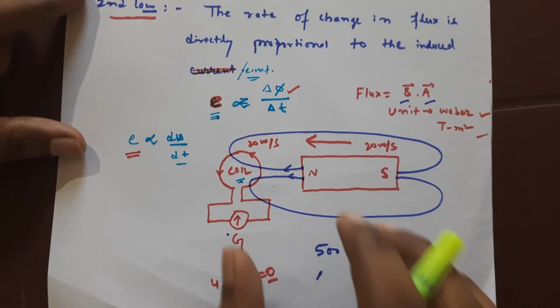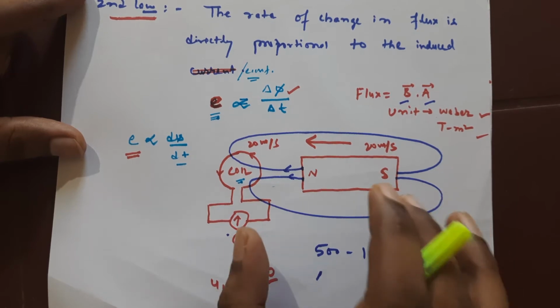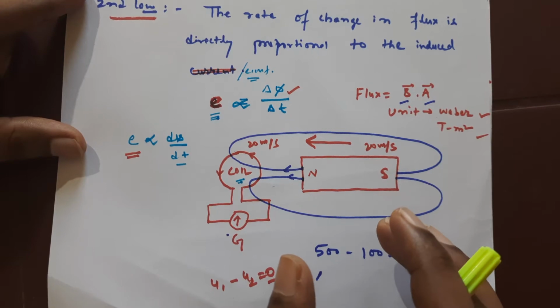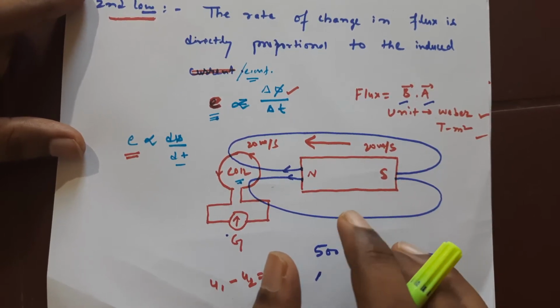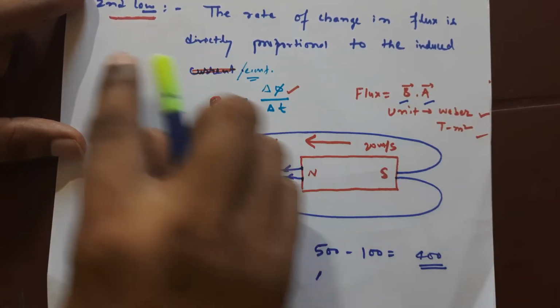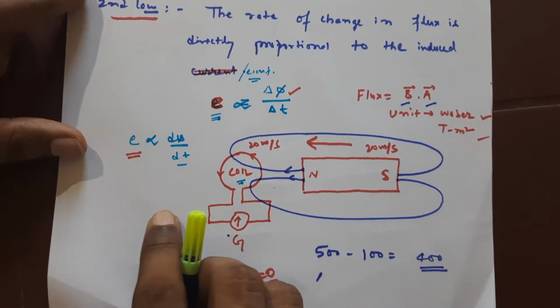So there must be a change in magnetic flux, and for that there should be a relative motion between them, or the area should change, or the magnetic field should change. And the second law gives an idea about the measurement of the magnetic flux.